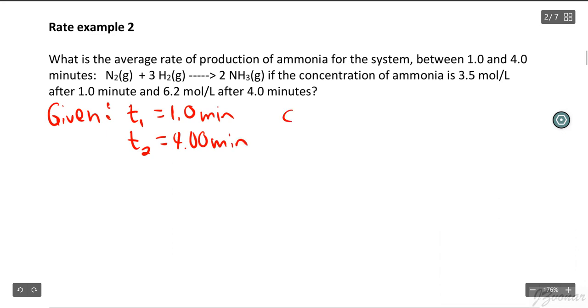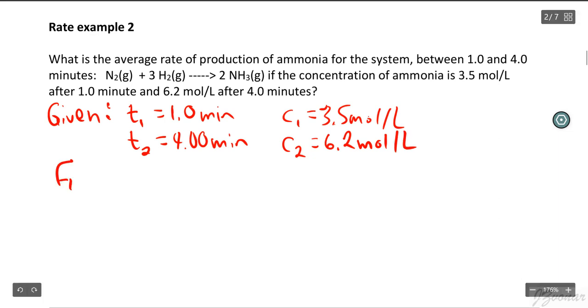Then we're given the initial concentration at 3.5 moles per liter. And the second concentration is at 6.2 moles per liter. And we wish to find the rate is what I'm looking for.